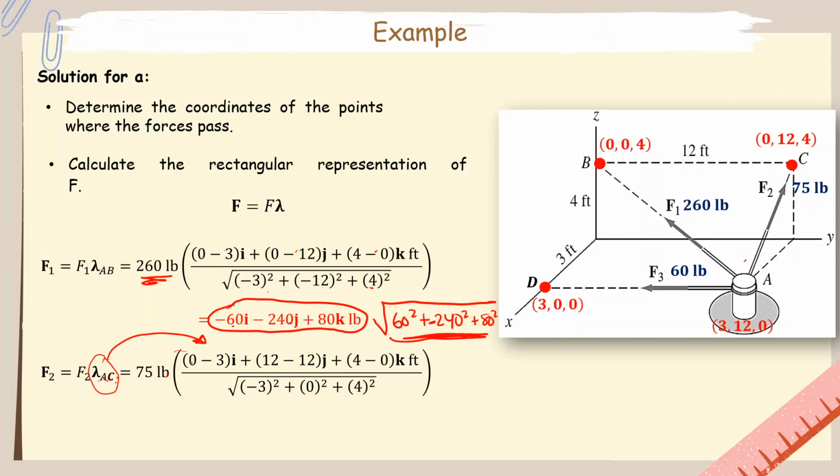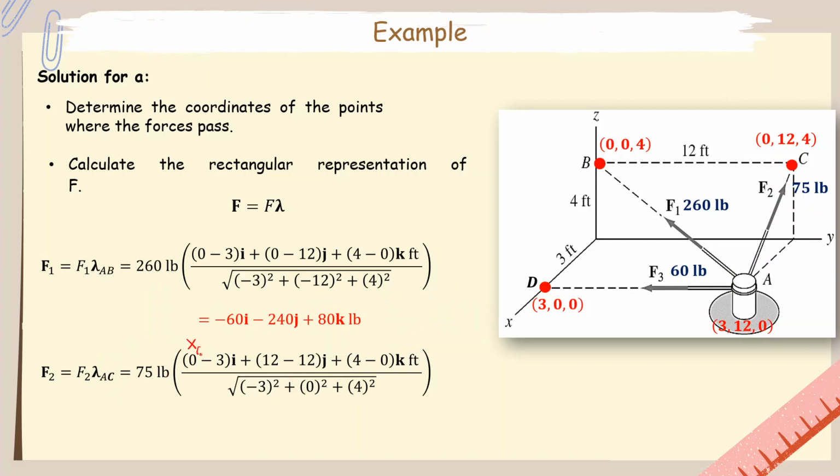So, una dito, mauna ang X component ni C minus X component ni A and I plus Y component ni C minus Y component ni A, J plus Z component ni C minus Z component ni A, K. And then, butang lang dire kung ano yung answer sa kada parenthesis, butang lang.